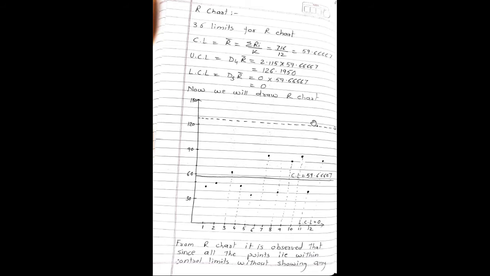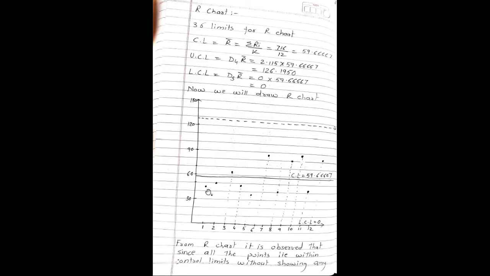For the first sample, what is the range? First sample range is 45, second is 48, third is 62. This way we'll plot the points.